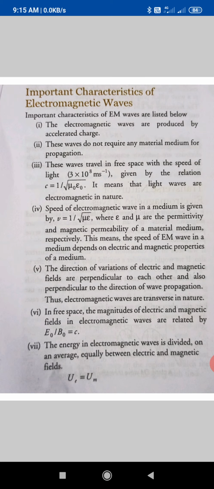Third, these waves travel in free space with the speed of light, 3 into 10 to the power 8 meter per second, and c can be calculated by c equals 1 upon root mu 0 epsilon 0. This shows that light waves are electromagnetic in nature. The speed of electromagnetic wave in a medium is given by v equals 1 upon root mu epsilon.